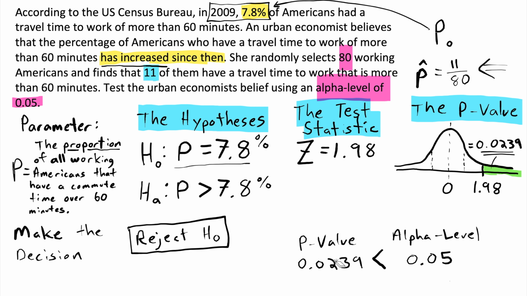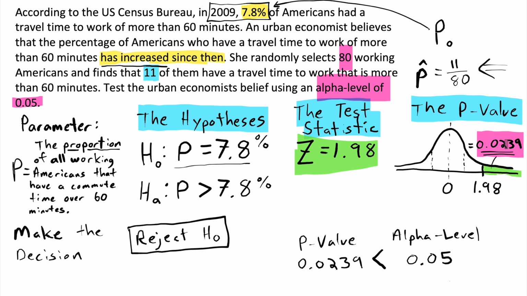And just to talk a little bit more about why the p-value being small says that we reject. When we calculate the test statistic, we assume the null is true. We assume that the proportion is actually 7.8%. And so when we find the p-value, which results from our test statistic, this is the probability of seeing our result if the null is actually true, because we calculated this assuming that it was.